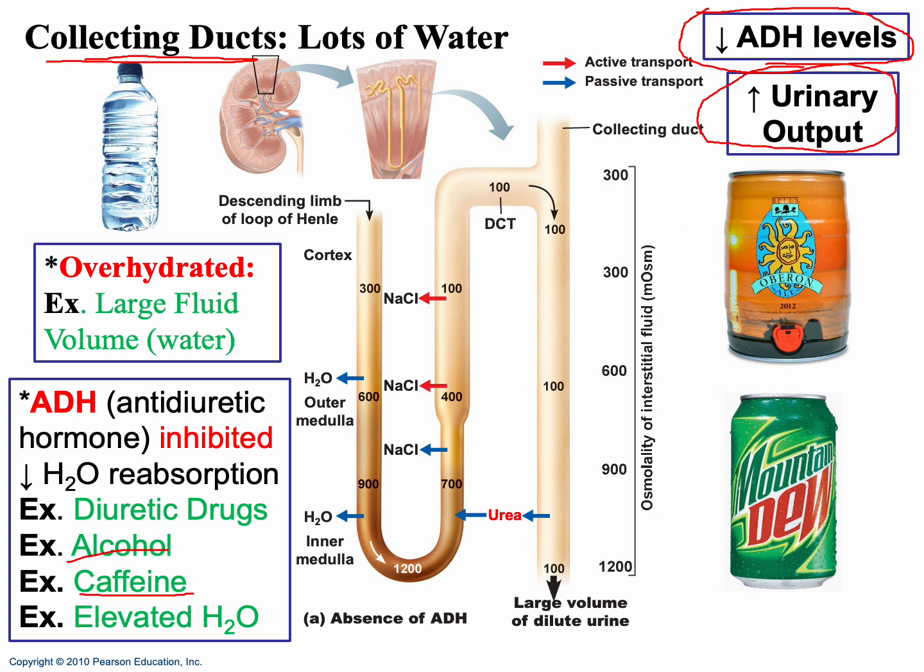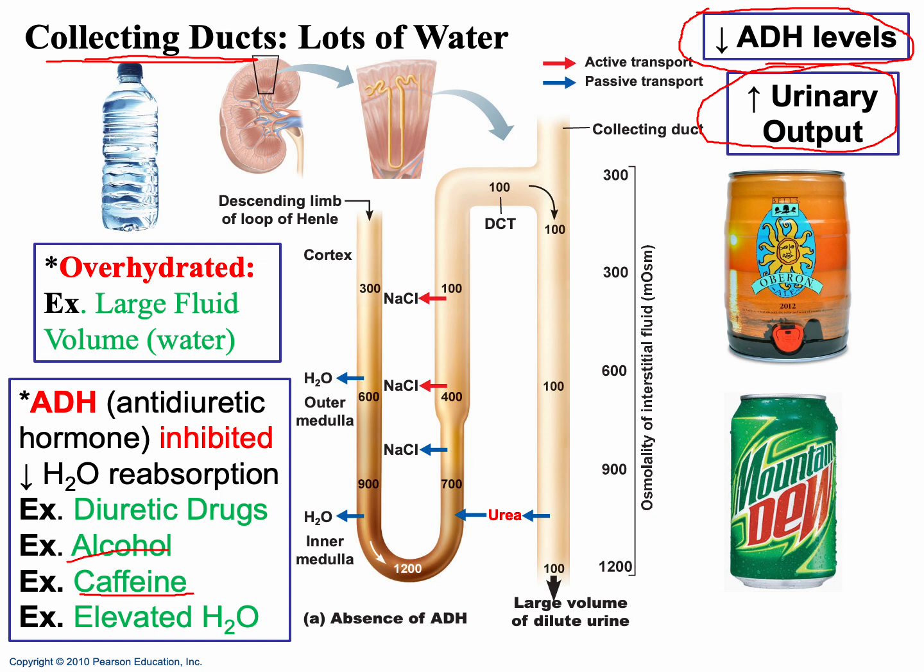So you've probably noticed that before if you go out to a brewery or go to a winery and you have a couple beers or a couple glasses of wine. You ever notice how the lineup to go to the bathroom is getting longer and longer all of a sudden? Well, ADH is being suppressed, this hormone, and that leads to lots of urination.